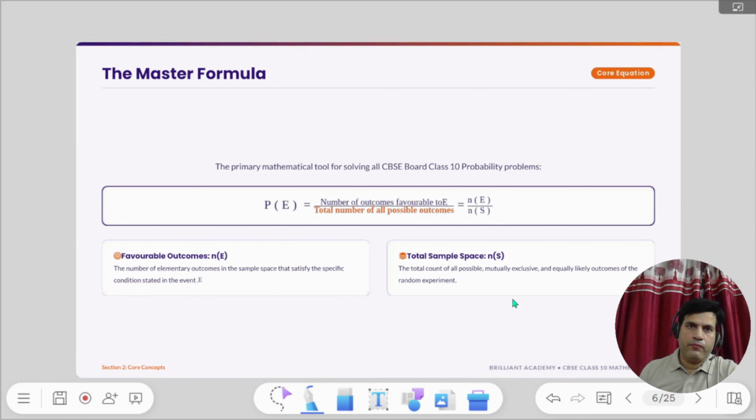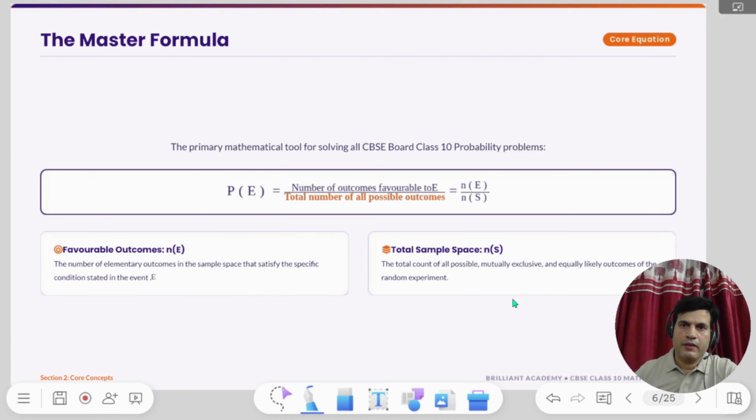And the formula for this we will discuss, the primary mathematical tool for solving CBSE board class 10th. So we have P(E) equals the number of outcomes favorable to E upon the total number of possible outcomes, so n(E) upon n(S), where S is the sample space.